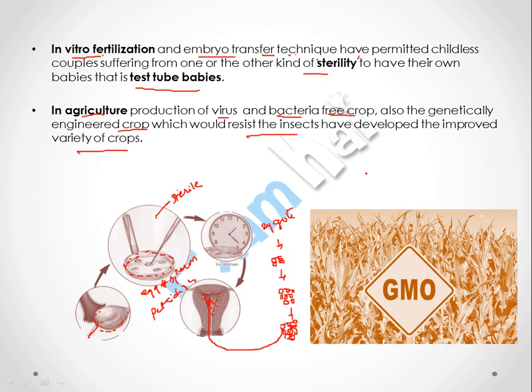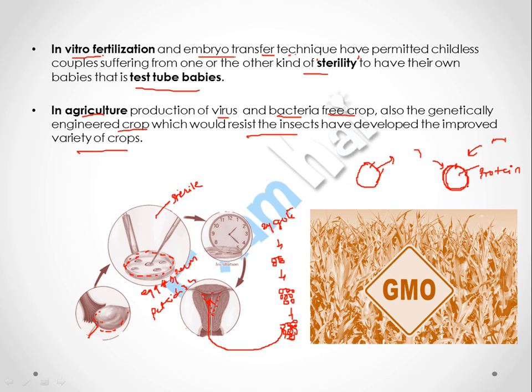Okay, so what they do is, like this is the plant DNA, they take out a little part of it and make this half empty, and then insert some sort of gene from some other source, which would produce some sort of protein that is harmful to these bacteria, viruses and insects.